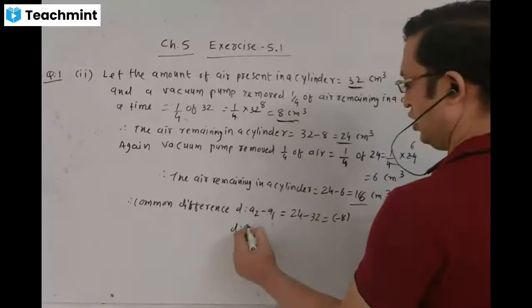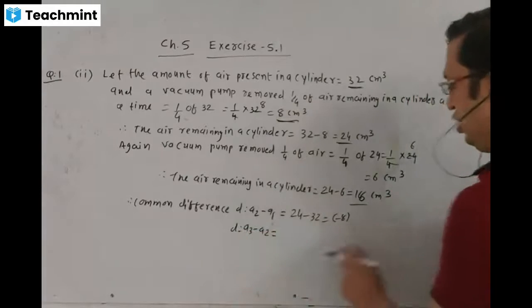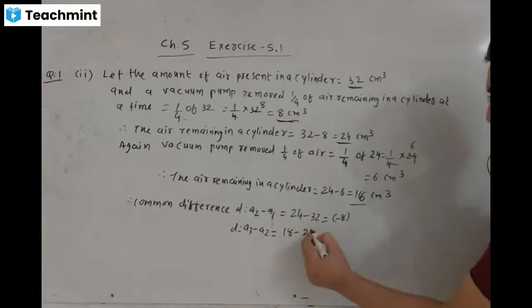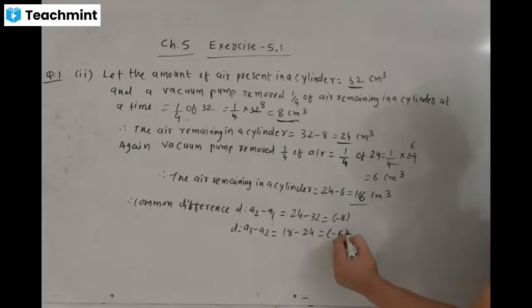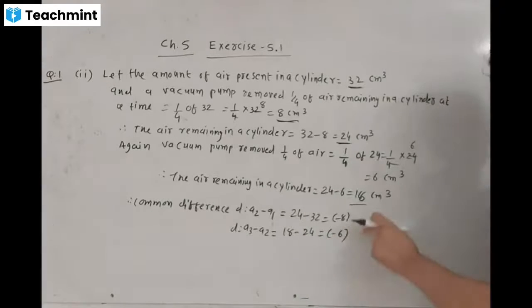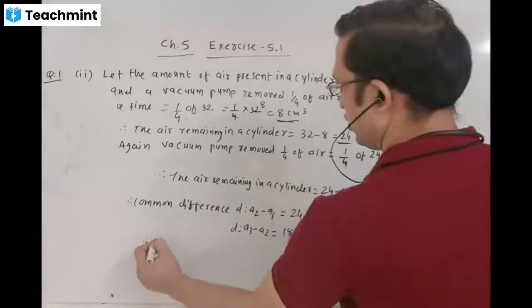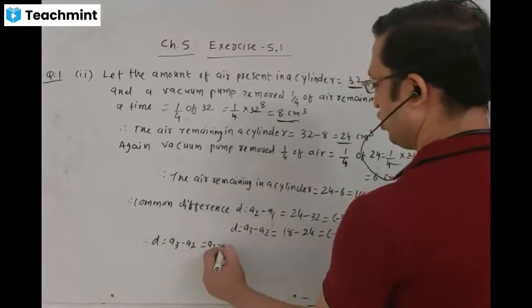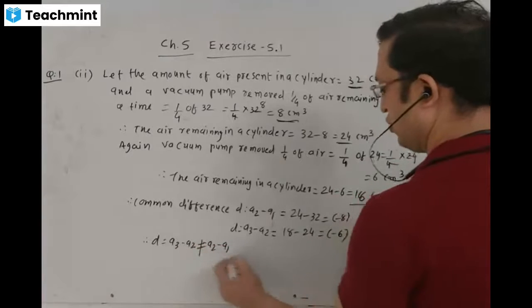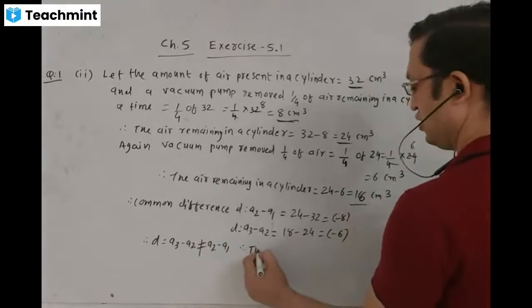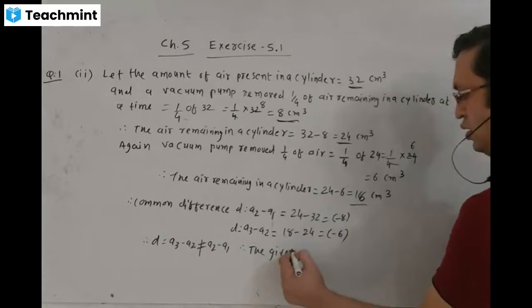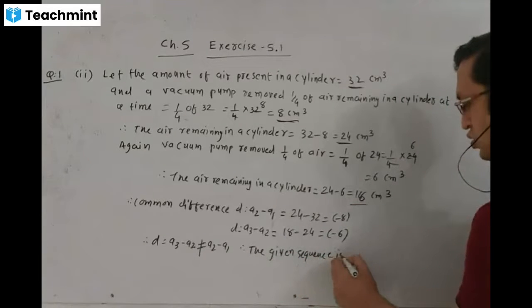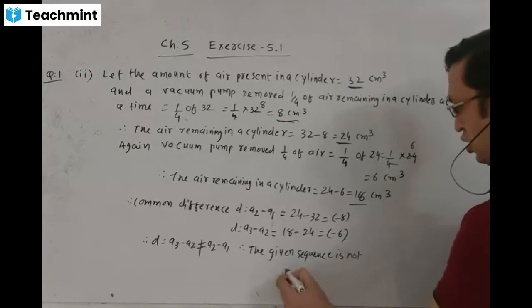And another, A3 minus A2: A3 is equal to 18 and A2 is equal to 24, 18 minus 24, that is equal to -6. Therefore, the common differences are not the same. D is equal to A3 minus A2 and A2 minus A1 are not the same. Therefore, the given sequence is not in AP.